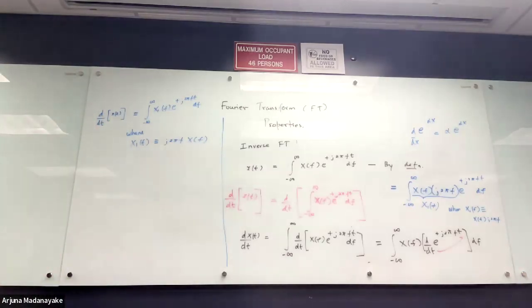I understand where you got the x1 of f, but doesn't x1 of f need an exponential to be at the bottom to be a Fourier transform?